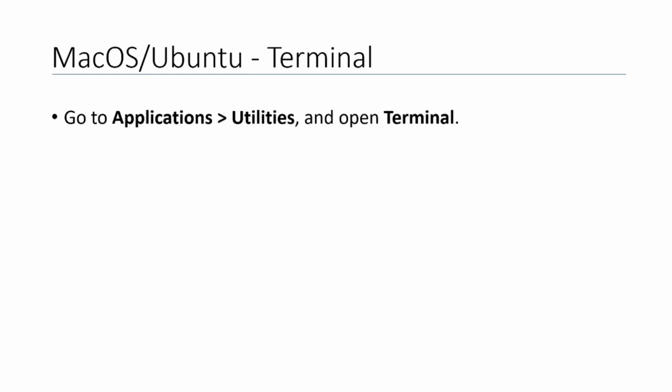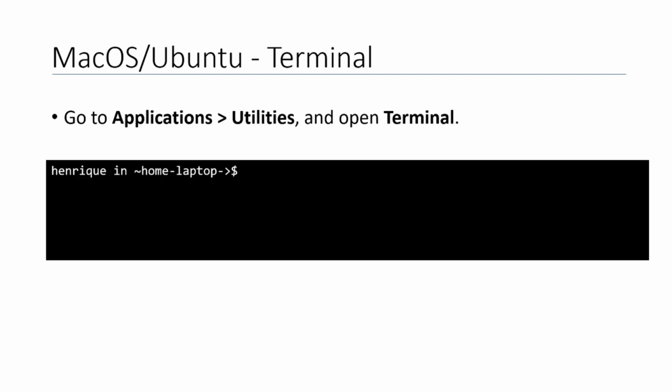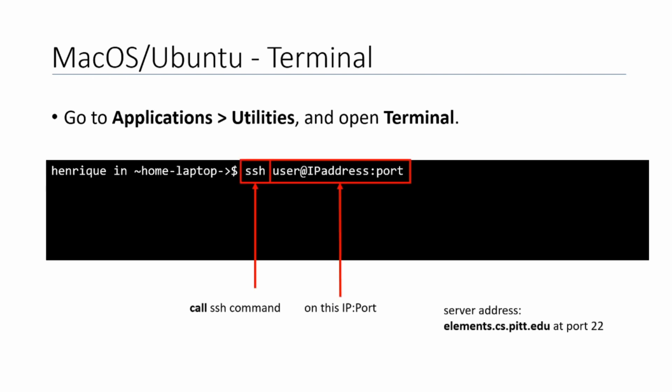If you have macOS or Ubuntu, you will need to use the terminal. To open the terminal, you go to Applications, Utilities, and click Terminal. Once that opens, you should see a screen that is similar to this one. Then, to use the built-in SSH client, which usually should already be installed, you can just write SSH, the address of the server, and you should connect.